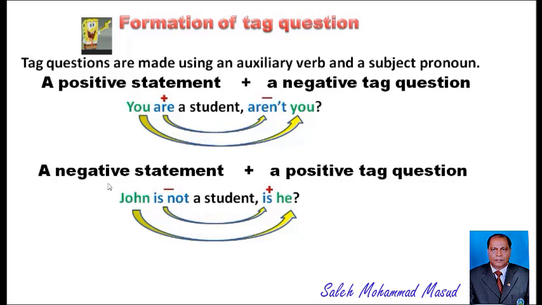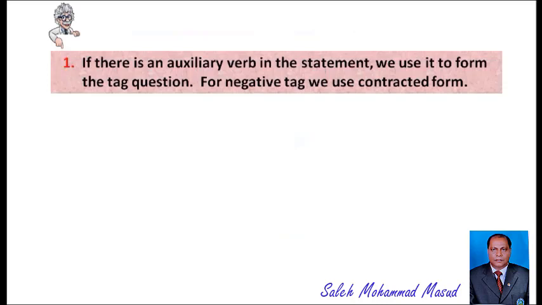Now students, I am going to discuss the topic in detail. If there is an auxiliary verb in a statement, we use that auxiliary verb to form the tag question, and for negative tag, we use the contracted form. Here are some examples for you.